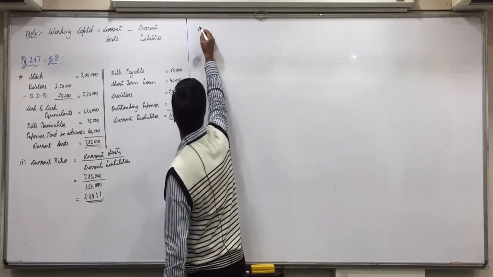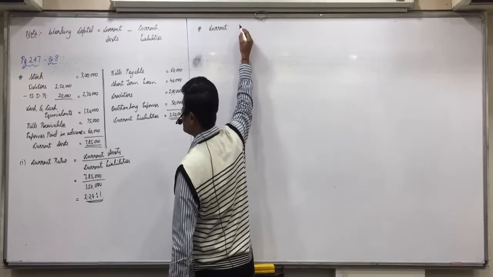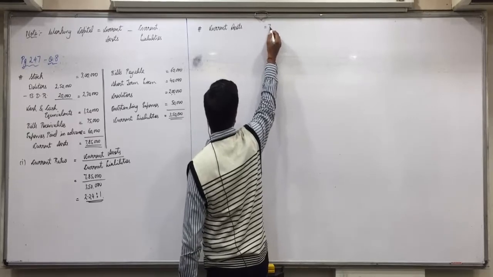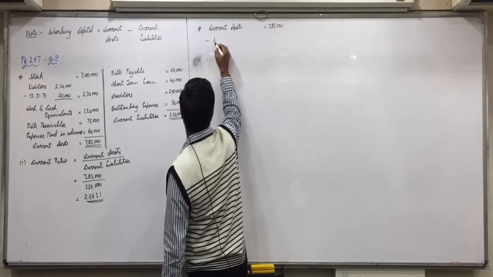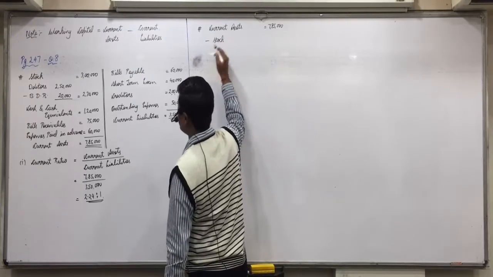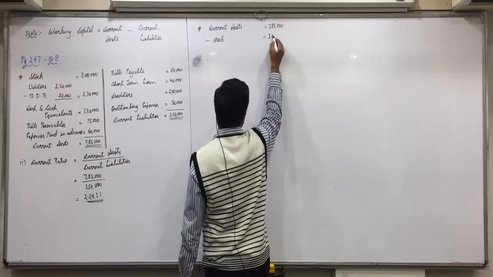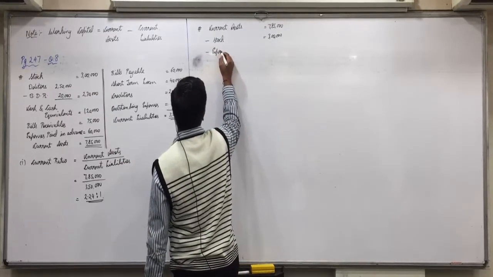Write down current assets 7,85,000. From that we will minus stock, that is 3 lakhs, and we will also minus prepaid expense, means expenses paid in advance.